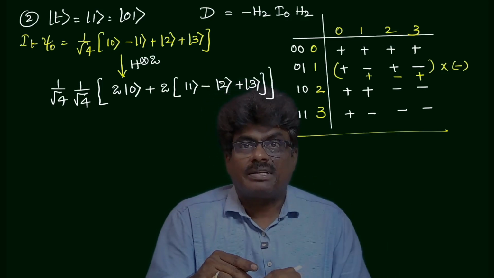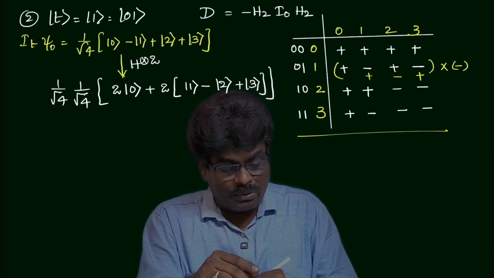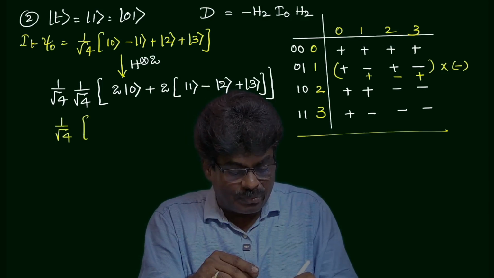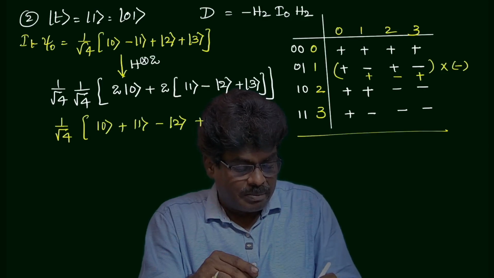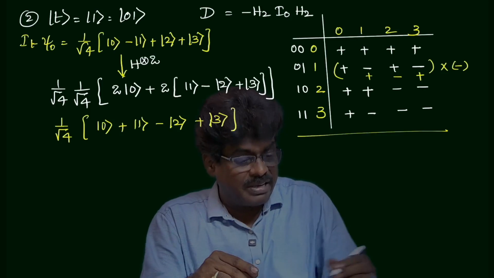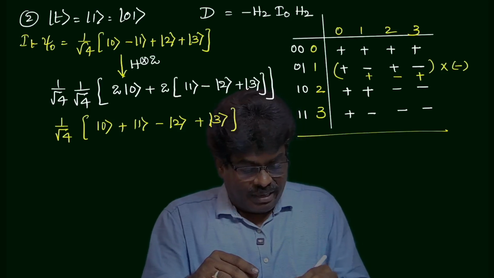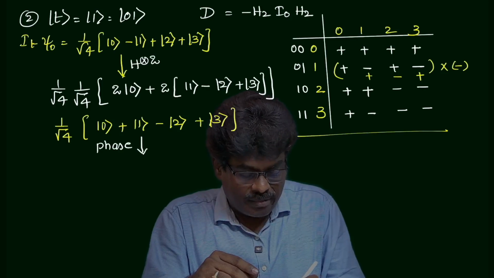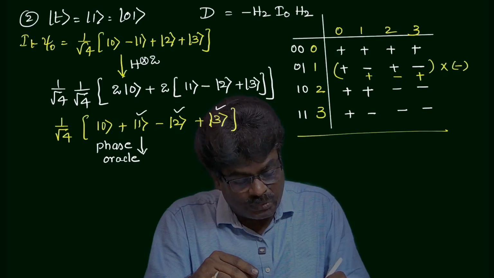Okay, right, fine. Now you can take the 2 common out, so then 2 and root 4 get cancelled, and finally here we'll get 1 over root 4, 0 plus 1 minus 2 plus 3. Now see here, this is the most brilliant step, and here we are using this phase oracle, which will change the phase of this 1, 2, 3.